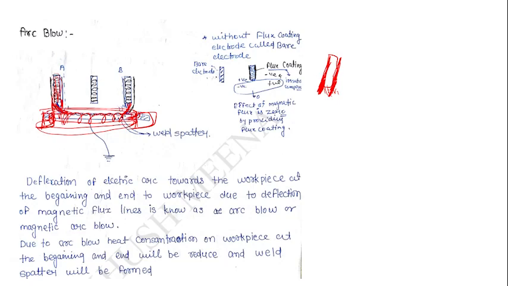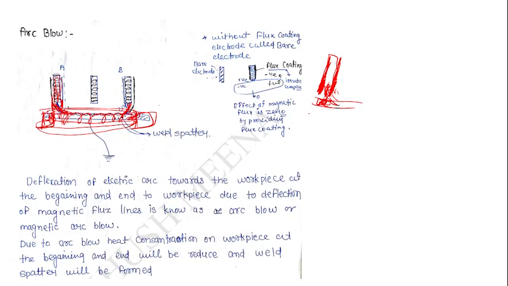Inside it will start melting, but it will not be able to attract this electrode material due to the magnetic flux line. So it will automatically be deposited on the place that you want it to be built. Means the magnetic lines effect is reduced by the flux coating.